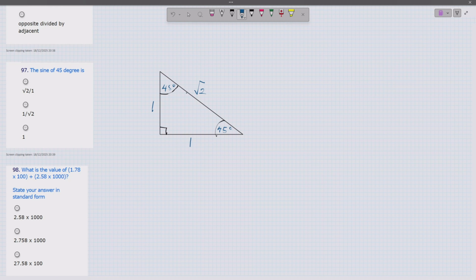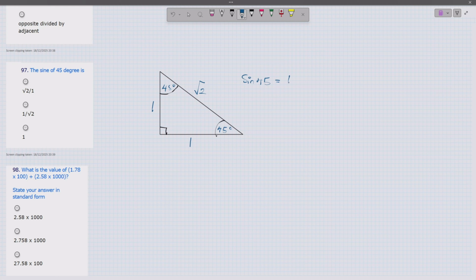Question 97. The sine of 45 degrees is. So if you are able to memorize the triangle, that is 45 on each angle with 90 degrees as part of the angles. So we have 1 here, root 2 on the hypotenuse. So the value of sine 45 is opposite over hypotenuse.